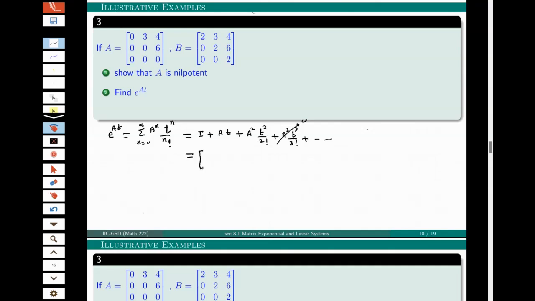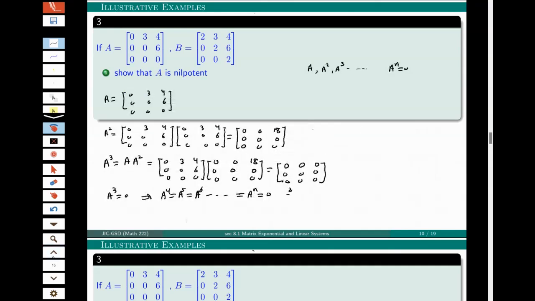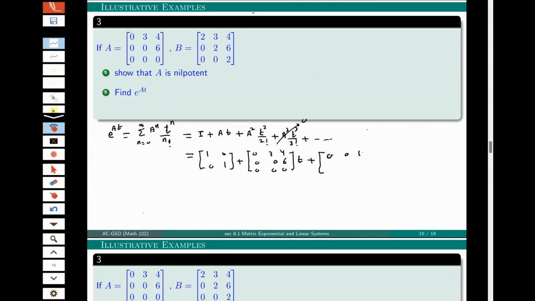So what I will have is I, which is 1 0 0, 0 1 0, 0 0 1, plus a, which is 0 3 4, 0 0 6, 0 0 0, times t, plus a squared, which has only one entry, 18, which is 0 0 18, and the rest are zeros, and it will be multiplied with t squared over 2 factorial.